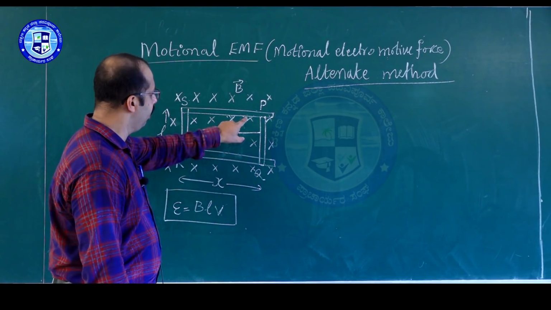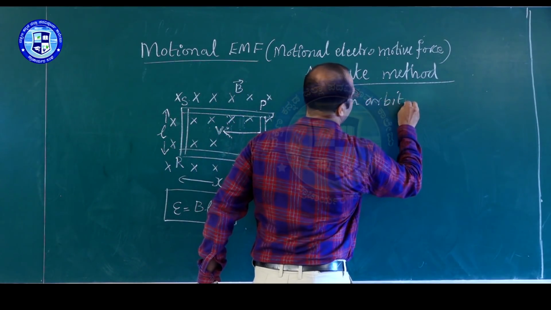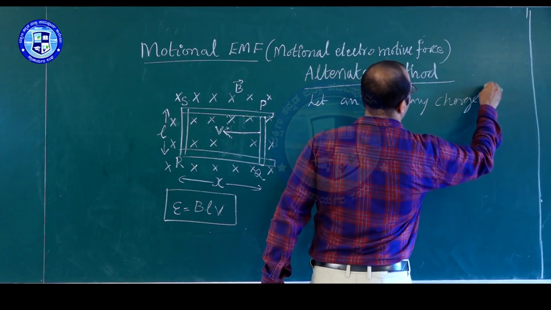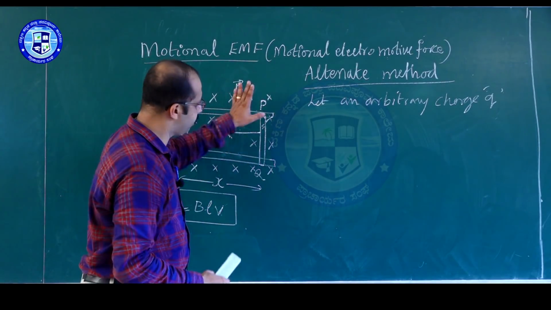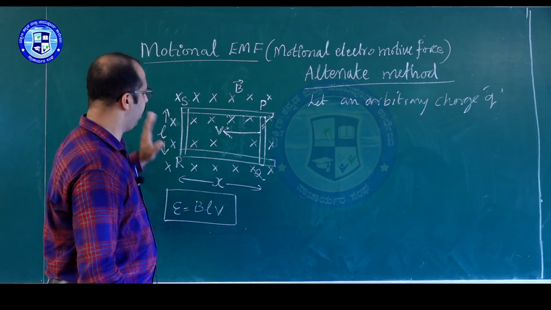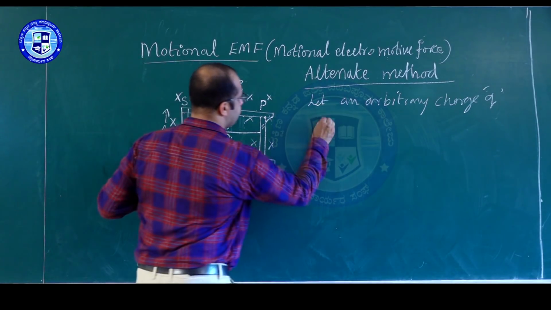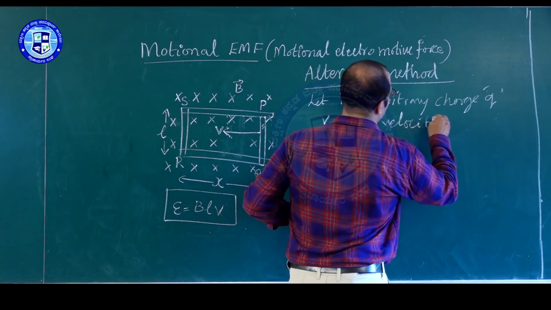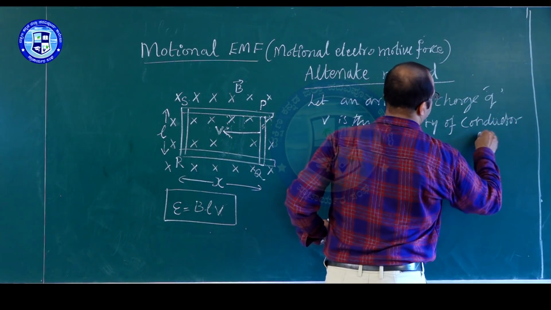Let us consider an arbitrary charge Q in a conductor PQ. Consider the same diagram, with a uniform magnetic field; the X marks and L are already representing that. V is the velocity or speed of the conductor PQ.